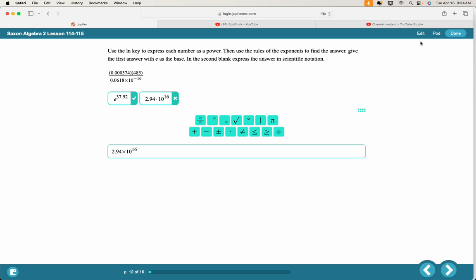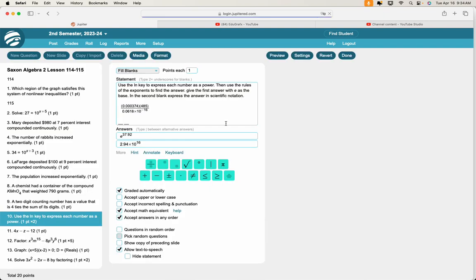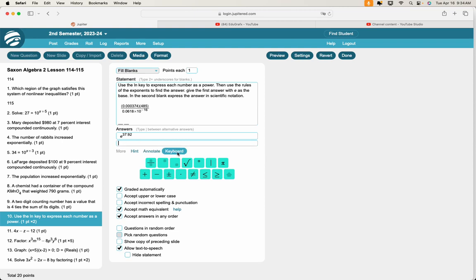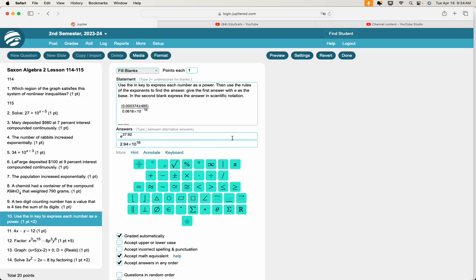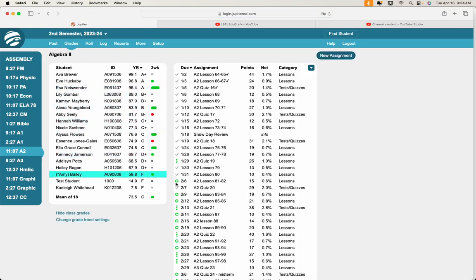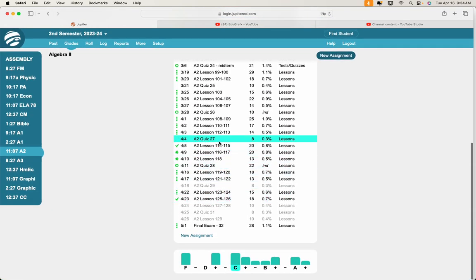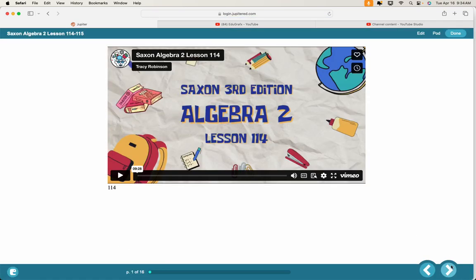Let me go in here and fix this. I'm just going to retype it the way that I have it typed. I think maybe the problem is that it needs the Algebra 2 keyboard. Let's save that and go back in here. Trying to get this right for you guys. I don't want you to have to suffer.